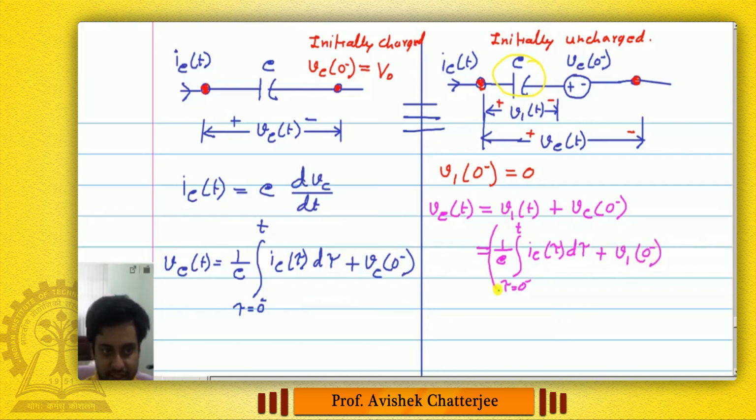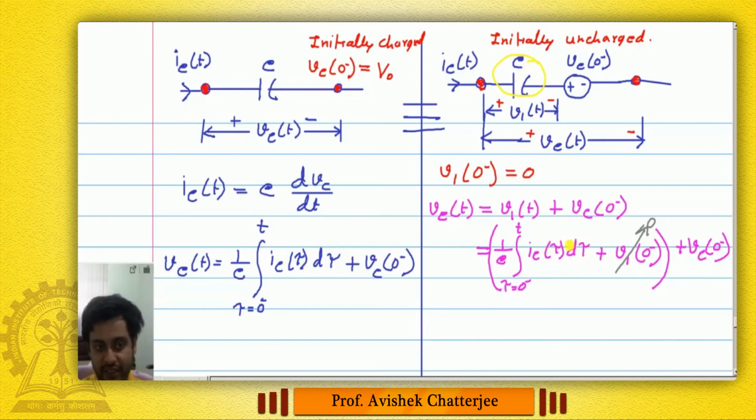So this together is V1, and plus we have Vc(0-), this term which is coming because of this source. Now V1(0-) is 0. This is 0, okay, because this capacitor is initially uncharged.